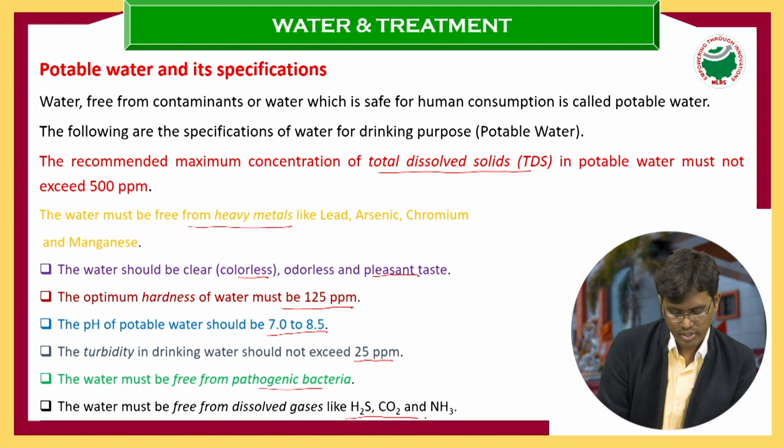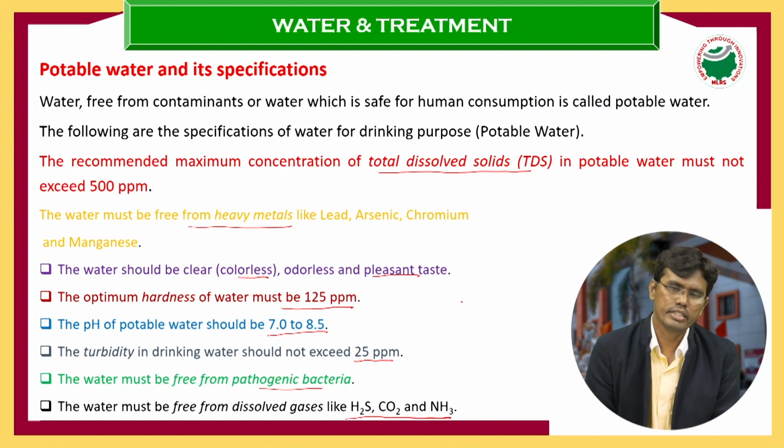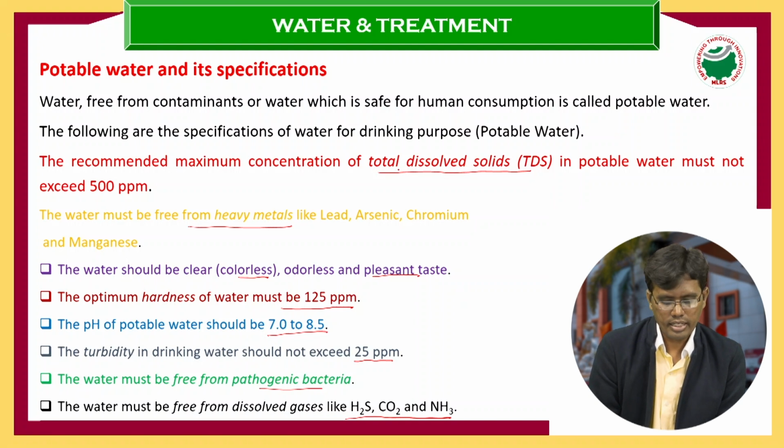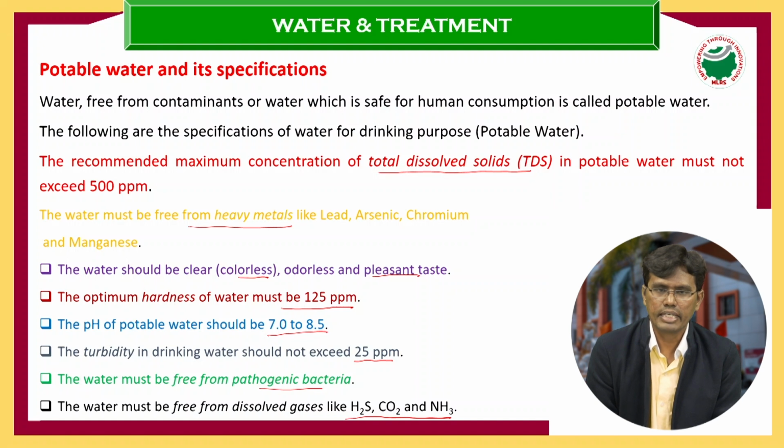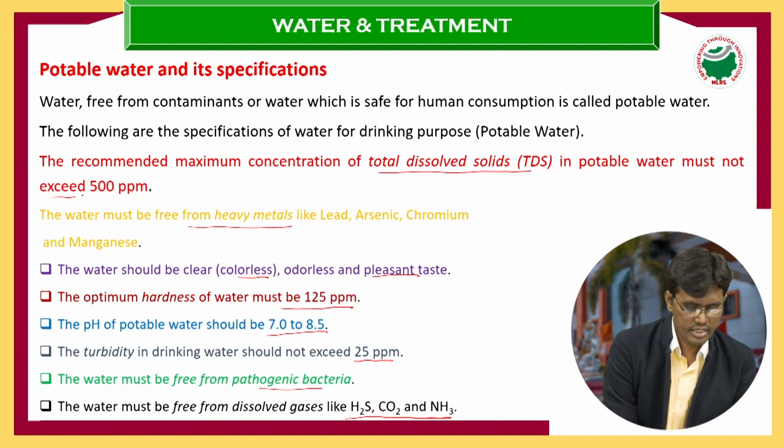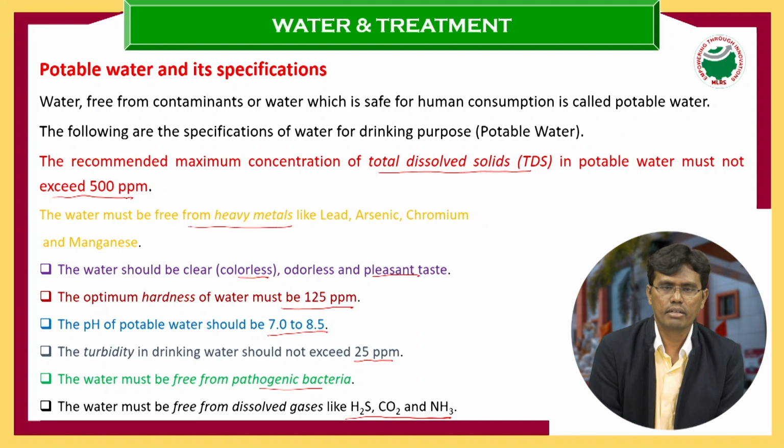Here you can see. Again I am repeating, this is a very important question and will come in every exam: what are the specifications of potable water? Number 1, total dissolved salts in potable water must not exceed 500 ppm.